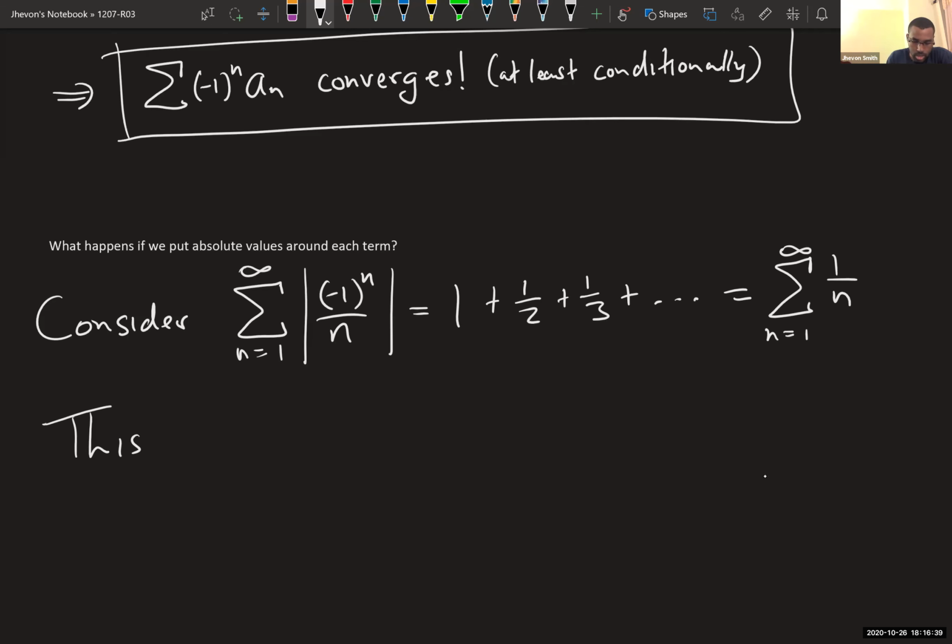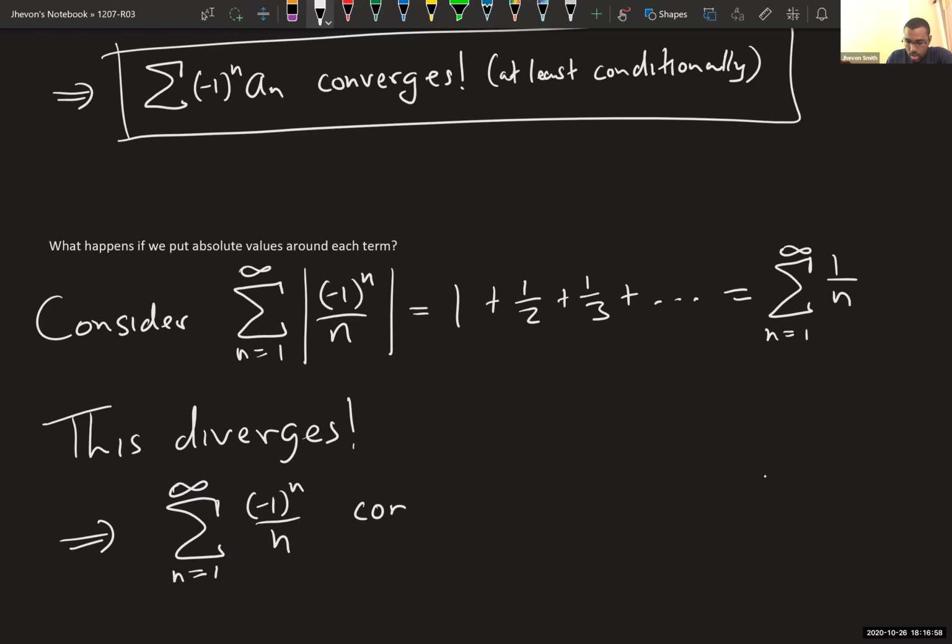This diverges. This means the series of minus 1 to the n over n converges conditionally. Right?